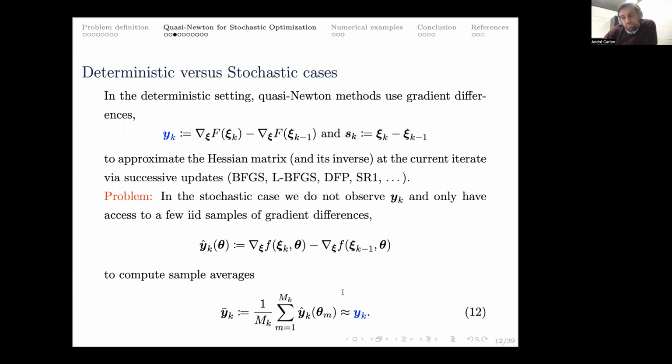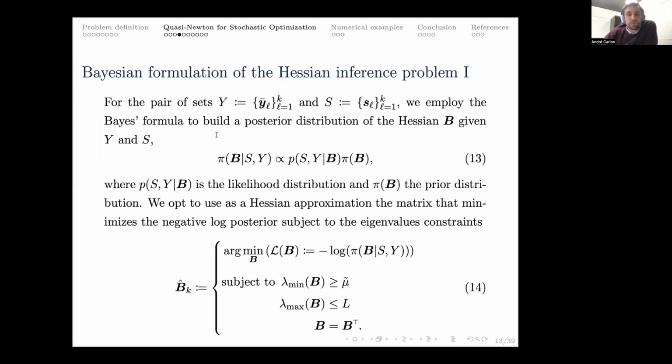So how do we use this information? Well, we will use a Bayesian formulation for this problem.